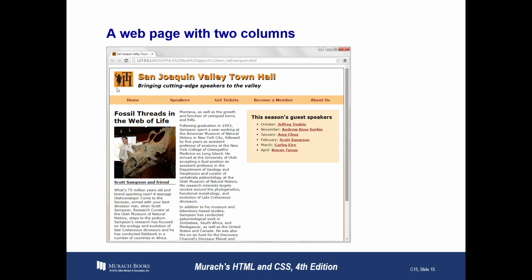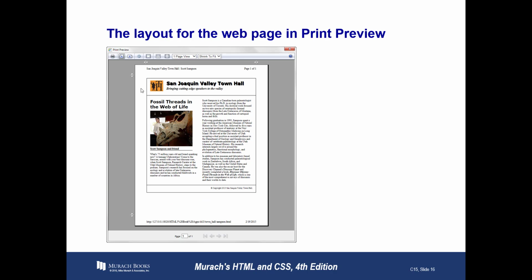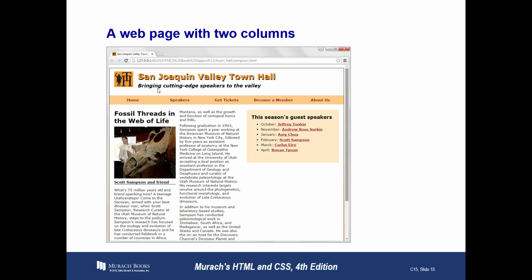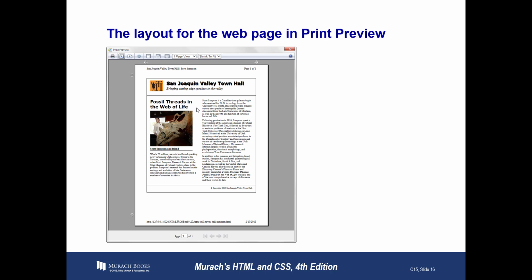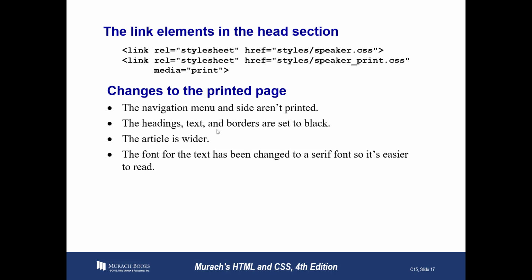All right. So here's a page with two columns, but that's what you're going to want to print. And to be honest with you, we probably didn't even need the logo. We may or may not have needed the picture. But you can see when you look at this, this is going to take a lot more ink to print than this is. So when you put this in, as it says, you'll use media equal print.